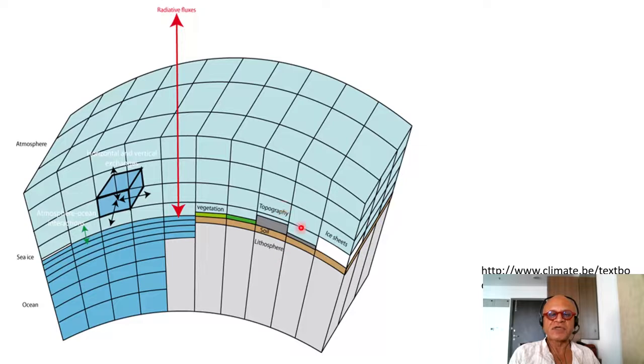There is exchange of energy and water and so on between the land and the atmosphere. The atmosphere itself has a bunch of grids, so there are horizontal and vertical exchanges of momentum, heat, energy, chemicals, water vapor, and so on.